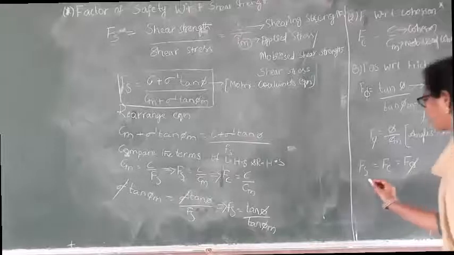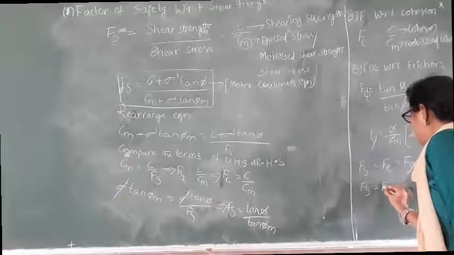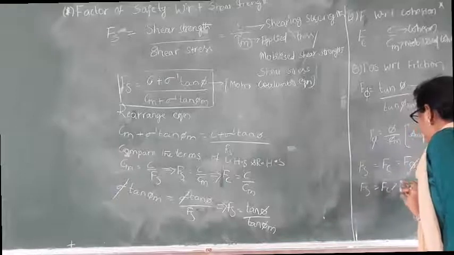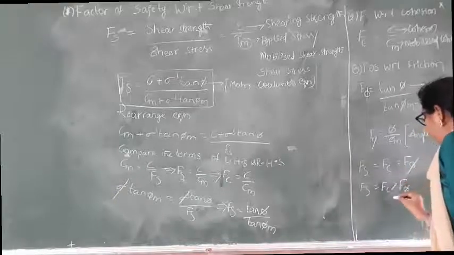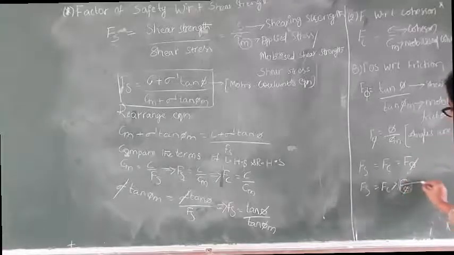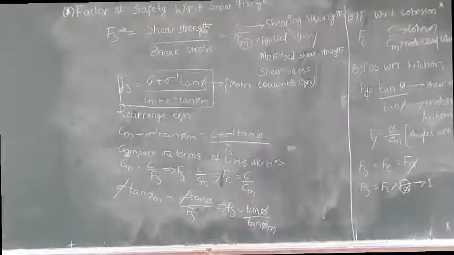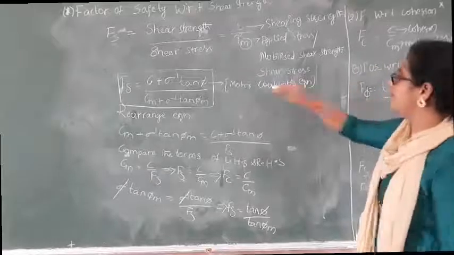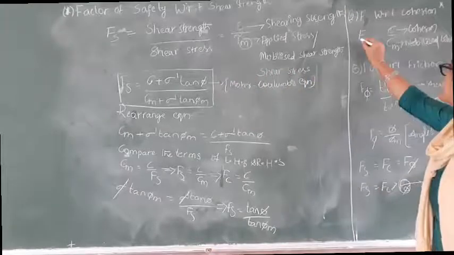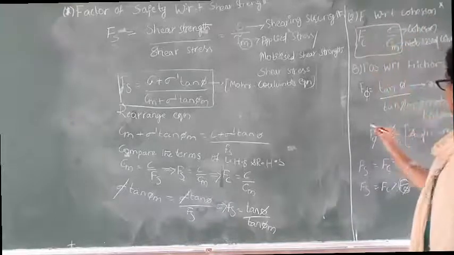And sometimes Fc might be greater than F phi, but in this situation we consider F phi to be 1. So here we have the three formulas for Fs, Fc and F phi.